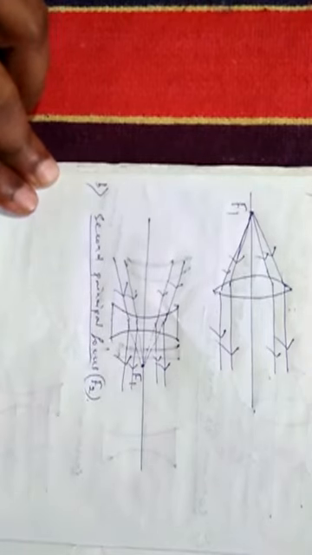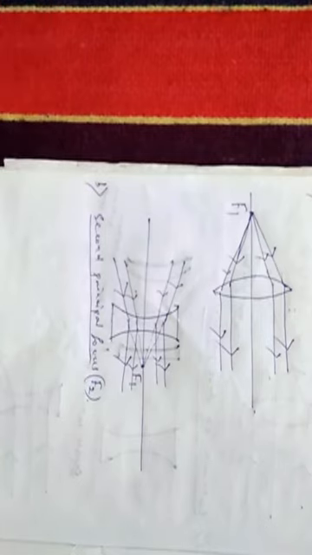It is a point on the principal axis at which the light rays coming parallel to the principal axis, after refraction through the lens, actually meet, that is in case of a convex lens, or appear to meet in case of a concave lens. Remember, it is a point on the principal axis at which the light rays coming parallel to the principal axis, after refraction through the lens, actually meet at a point in case of a convex lens, or appear to meet at a point in case of a concave lens.